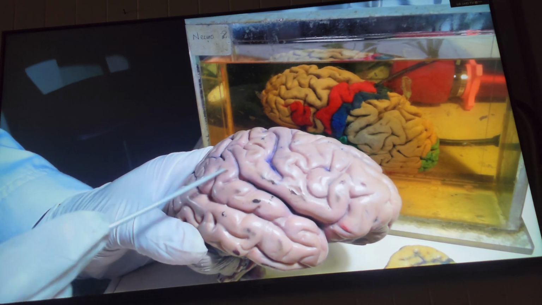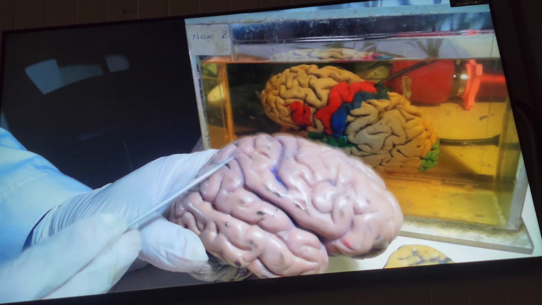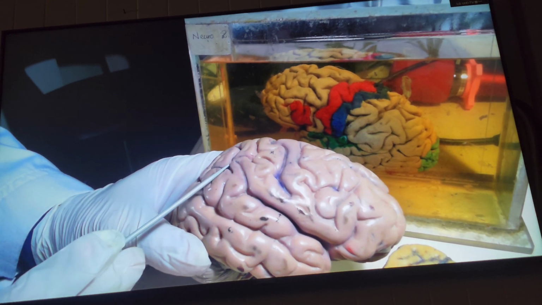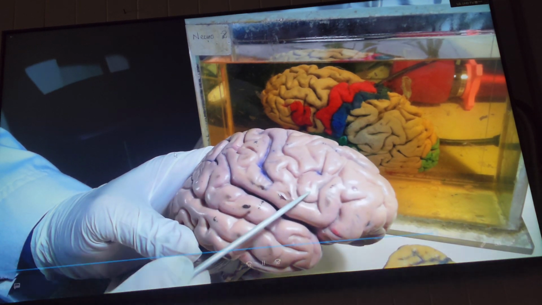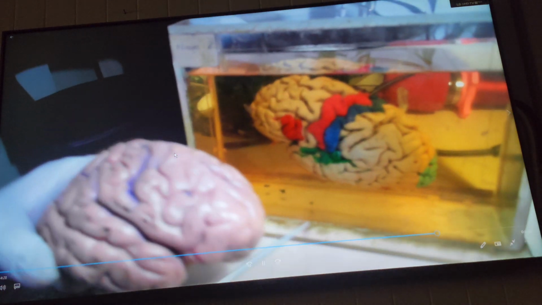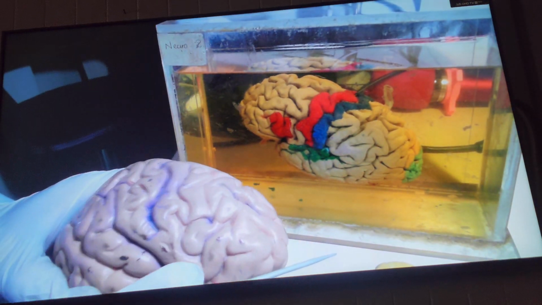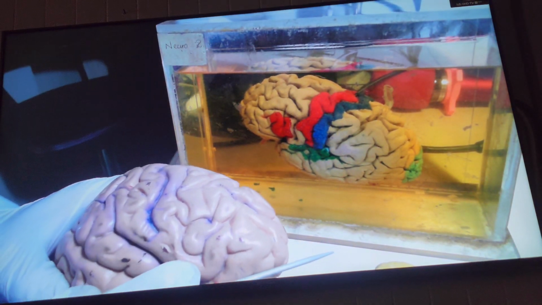Damage to the sensory speech area results in receptive aphasia, while damage to Broca's area, the motor speech area, results in expressive aphasia.